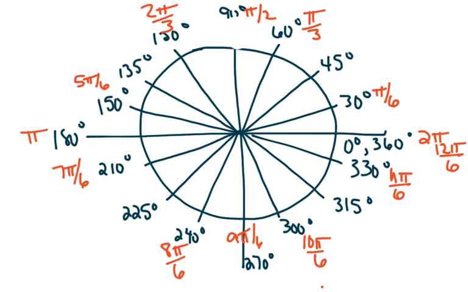7 pi over 6 does not reduce, but 8 pi over 6, 8 over 6 reduces to 4 over 3. 9 pi over 6 is going to reduce to 3 pi over 2. 10 pi over 6 reduces to 5 pi over 3. 11 pi over 6 does not reduce, but 12 pi over 6 reduces to 2 pi.